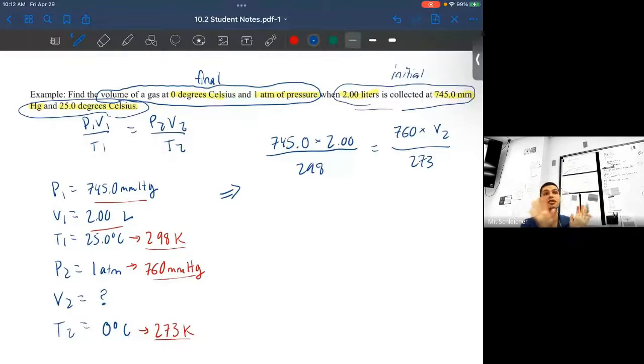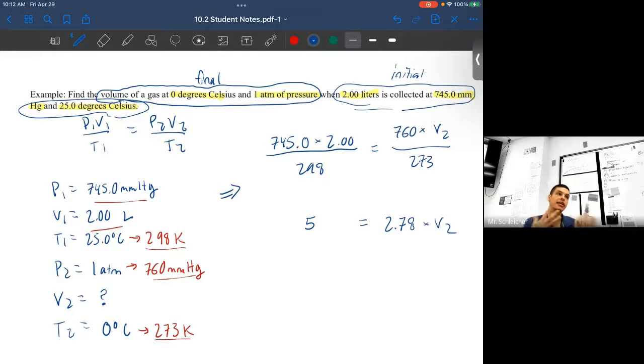For example, we could just solve the left side and write the answer right there. Okay, so we could do 745 times 2 divided by 298, and that gets you like 5. And then on the right side, we have 760 divided by 273, and that gets you like 2.78 times your second volume.